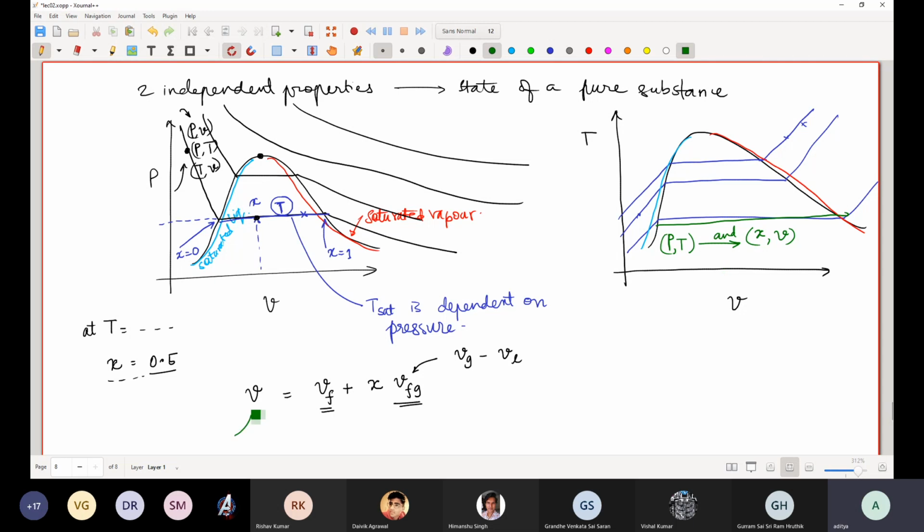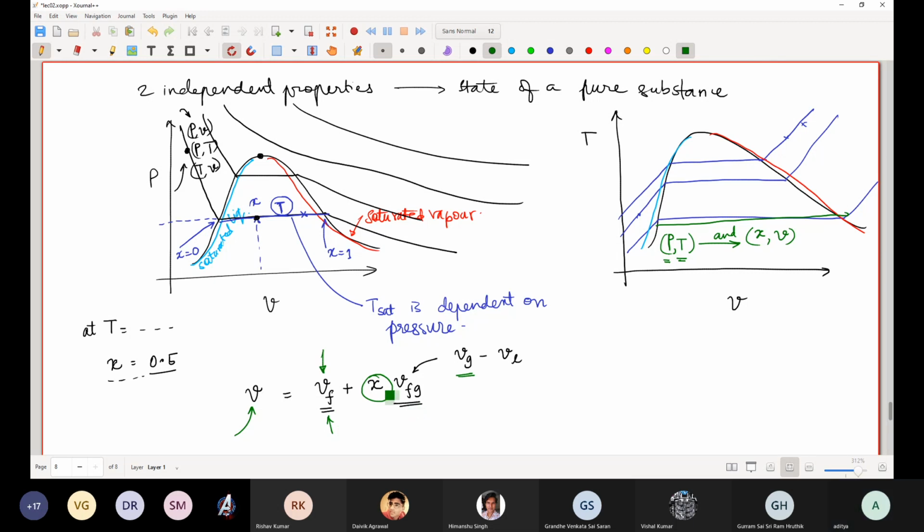Because once you specify the specific volume, you know what the temperature or pressure is, so you will know what the specific volume of the liquid will be and the specific volume of the gas will be. So if you know the specific volume of the substance, then you can figure out what X is going to be. Conversely, if someone tells you the quality, then you know what the temperature or pressure is, you will know the specific volume of the liquid, and you will know what VFG is.